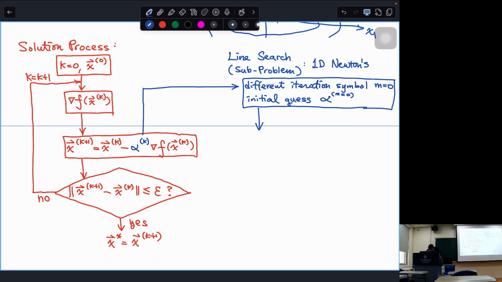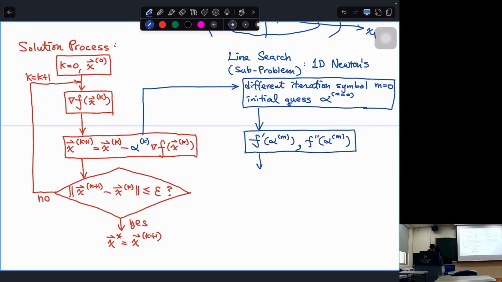So over here, what's happening is you will be computing F prime of alpha m and F double prime of alpha m. I will have more detailed explanation later on, but I'm just telling you what you need to compute right here.